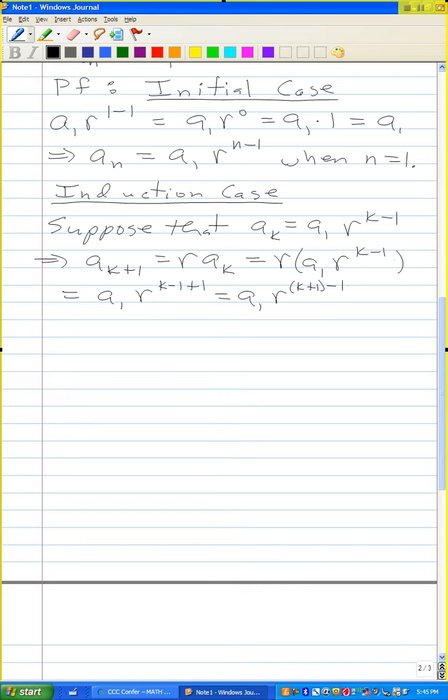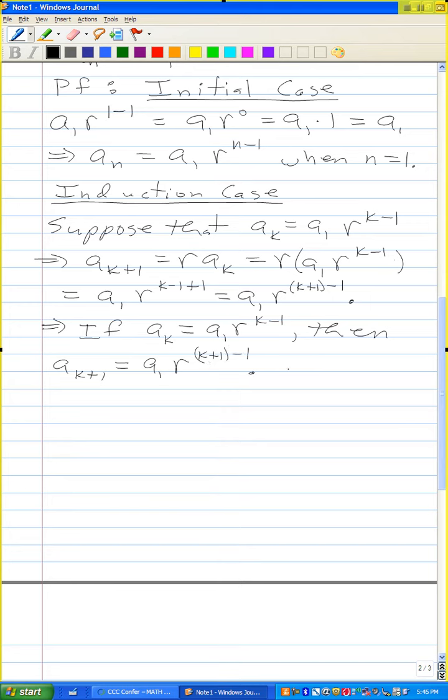So therefore I've shown that the induction case works. I've shown that if ak equals a1 r to the k minus 1, then ak plus 1 equals a1 r to the k plus 1 minus 1.